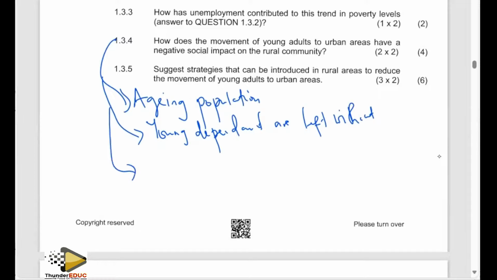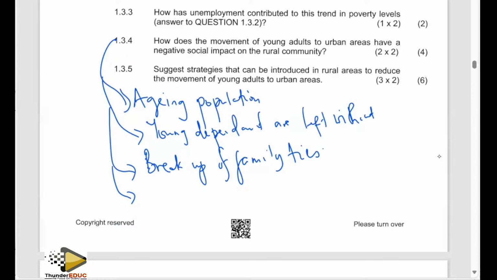And also we can talk of the problem of a breakup of family ties. The social breakup of family ties. The families are no longer intact because of that movement. Some of the family members who are aged are remaining in the rural areas, while those who are active are moving to cities and towns.